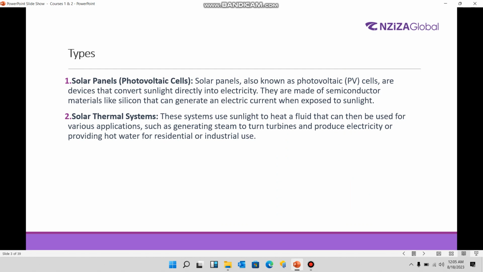Number two is solar thermal energy. As the name indicates, this system uses the sunlight to heat a fluid that can be used to generate electricity by running turbines, or to provide hot water for residential or industrial use.